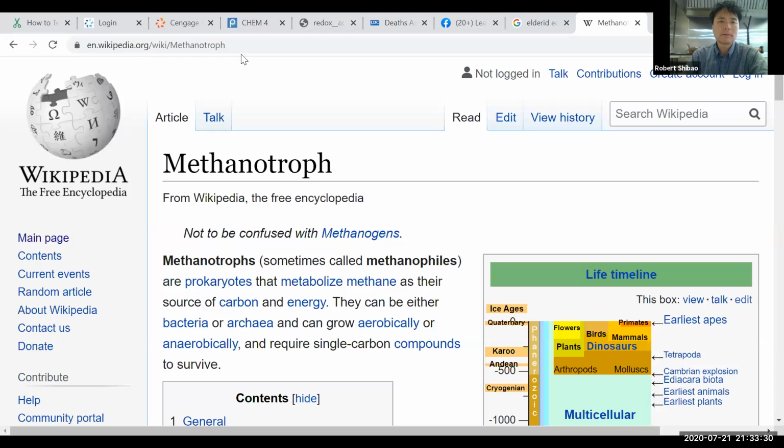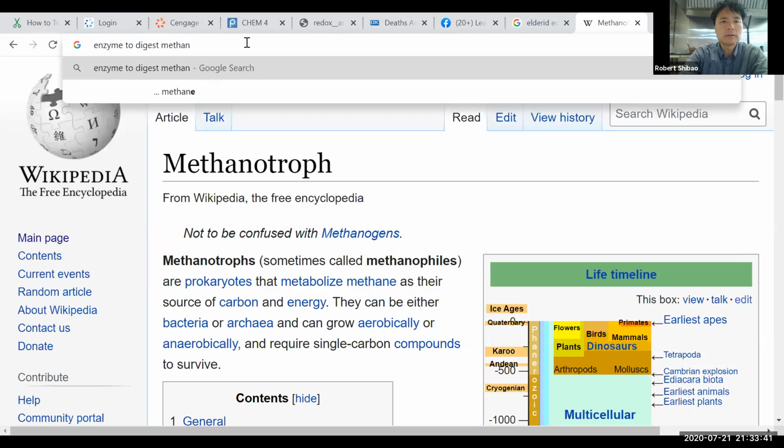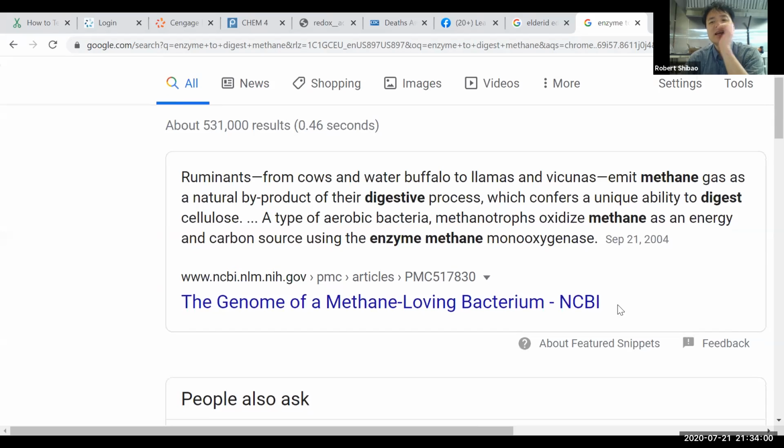And I wonder if they have the enzyme, if they study that to digest methane. Methane, not starch. We have enzymes to digest starch. Cows, buffaloes emit methane gas, the natural byproduct of digesting cellulose.